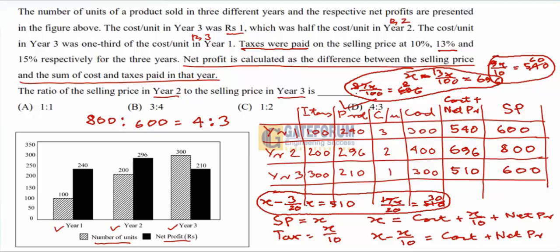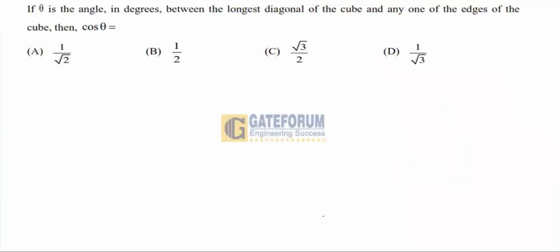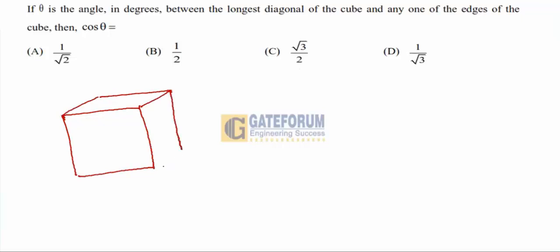Let's go on to the next one. If theta is the angle in degrees between the longest diagonal of a cube and any one of the edges of the cube, then what is cos theta? Let us draw a cube. A cube means all the sides are equal, the dimensions are equal.